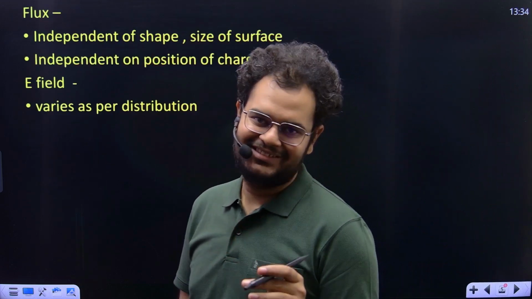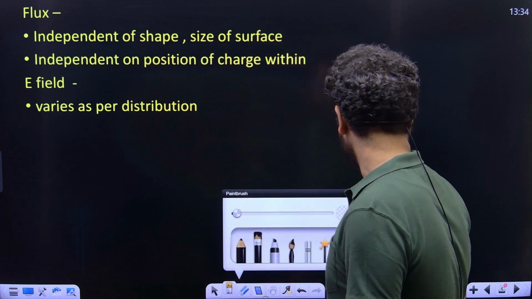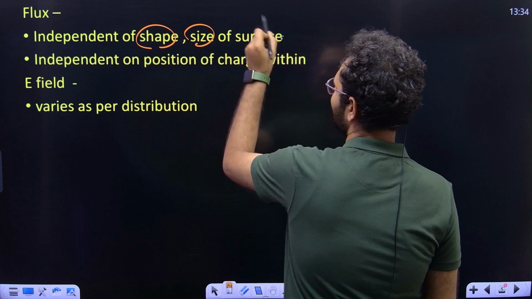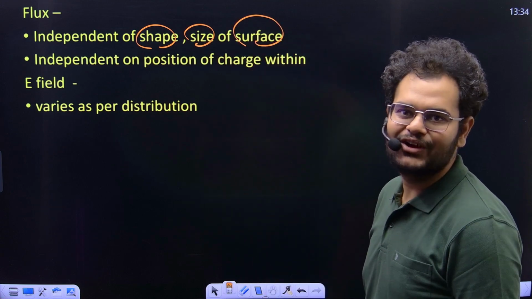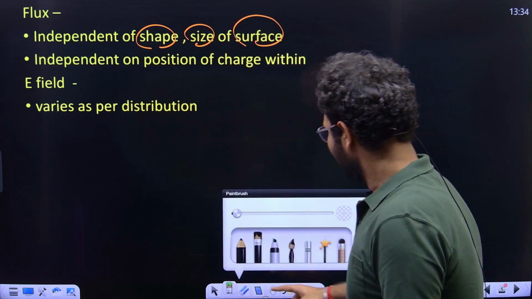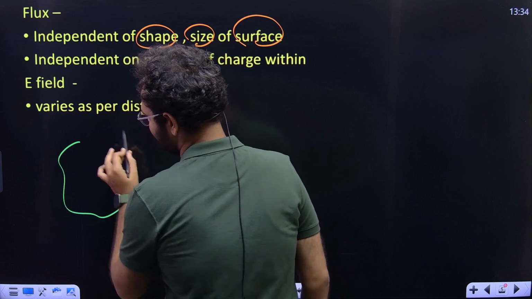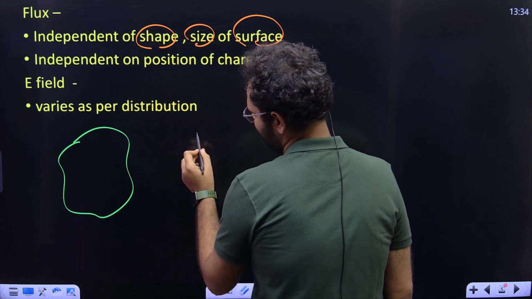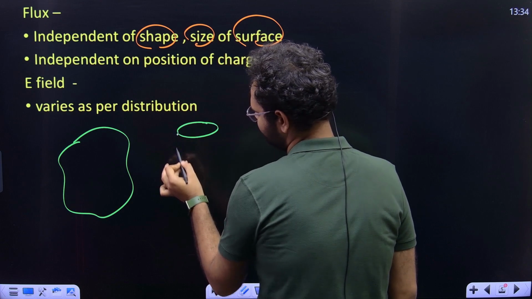What next? This is important. What they are saying is that the flux is independent of the shape and size of a surface. Sir, what is the meaning of this? We are not getting it. Let me explain. Let us say this is my 3-dimensional surface, and this is another surface.